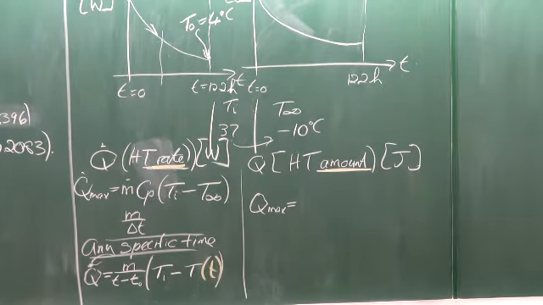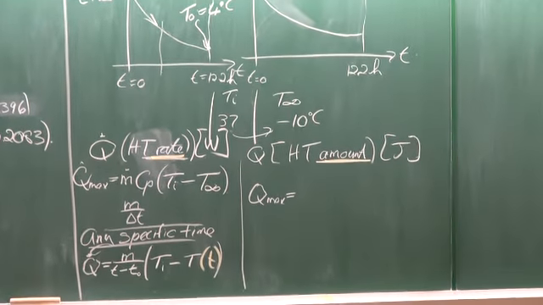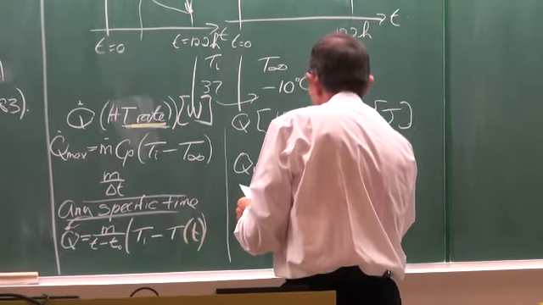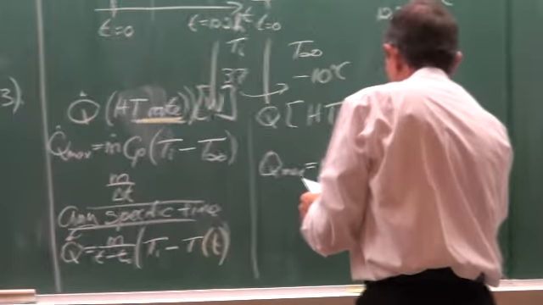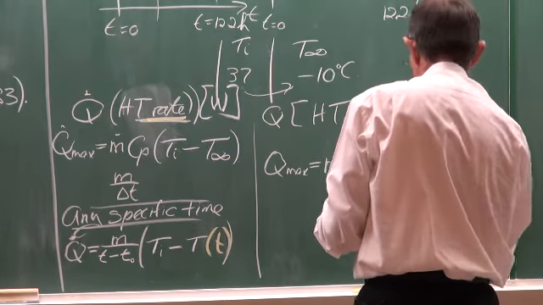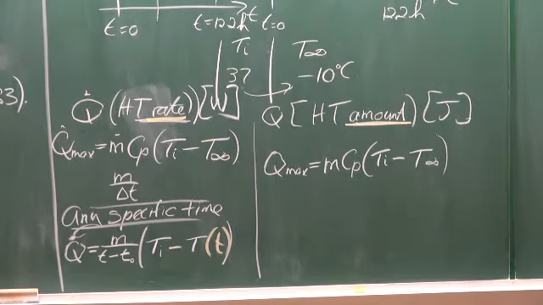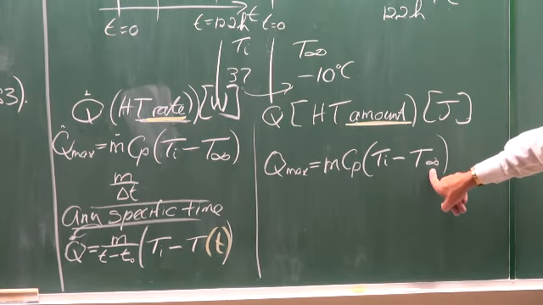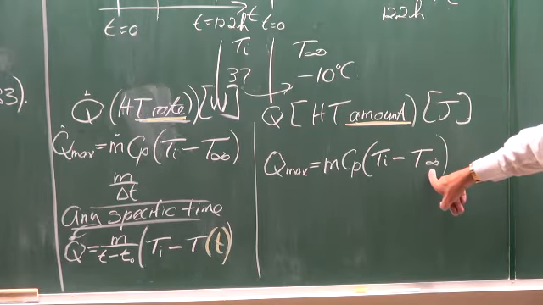What would be the maximum that can be transferred? The maximum would be equal to mCp Ti minus T infinite, which means it is everything. Okay. From 37 to the body going down to minus 10.